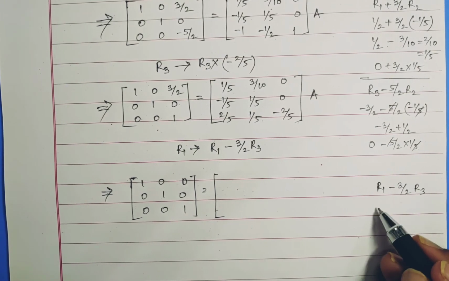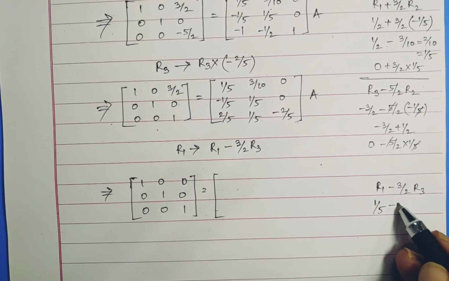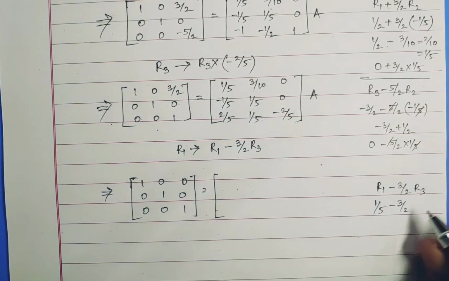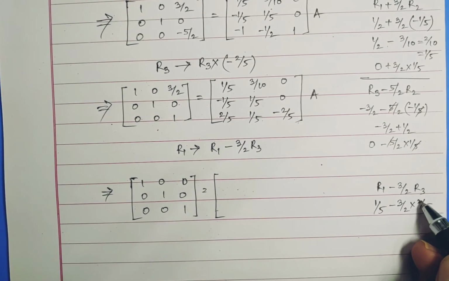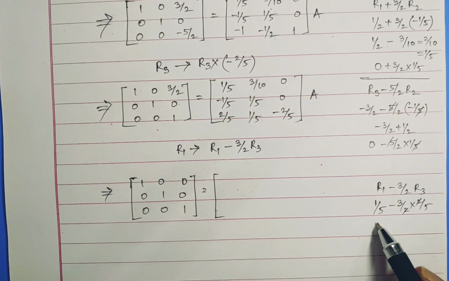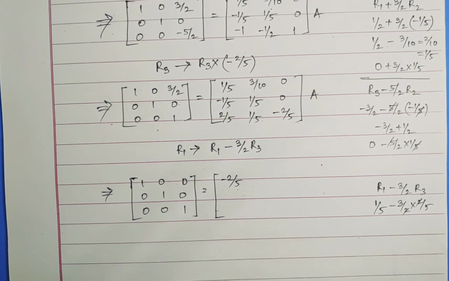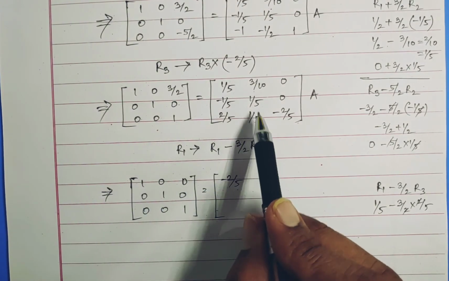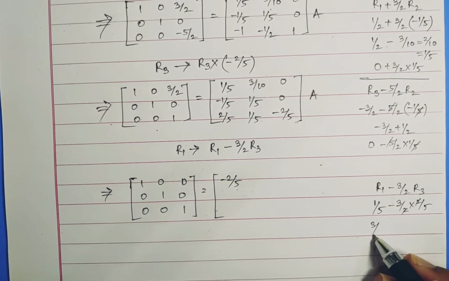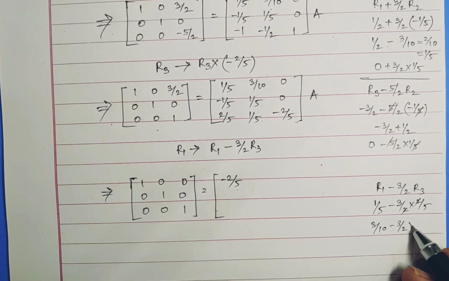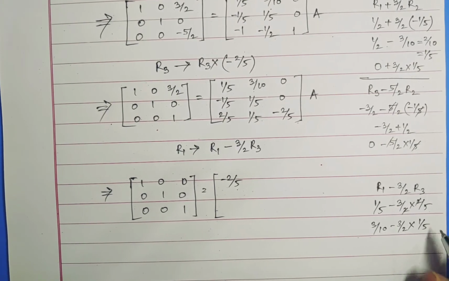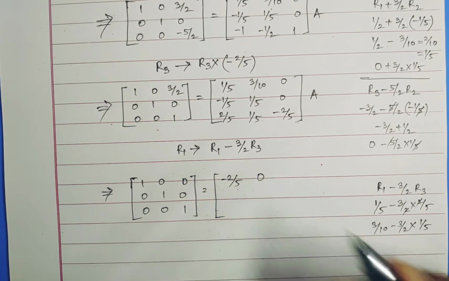The last thing we need to do is 1 by 5 minus 3 by 2. What is the corresponding element? 2 by 5 into 2 by 5. So 2 2 gets cancelled. 1 by 5 minus 3 by 5 gives you minus 2 by 5. Okay. Now again, next element is R1 is 3 by 10. 3 by 10 minus 3 by 2 into 1 by 5. So again it's 3 by 10. So it is coming 0.